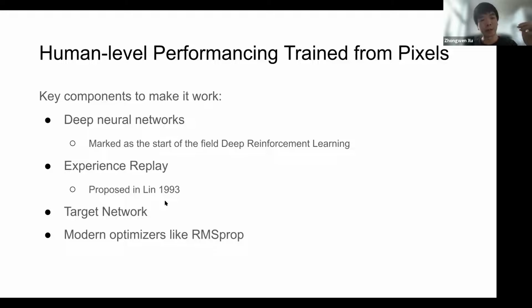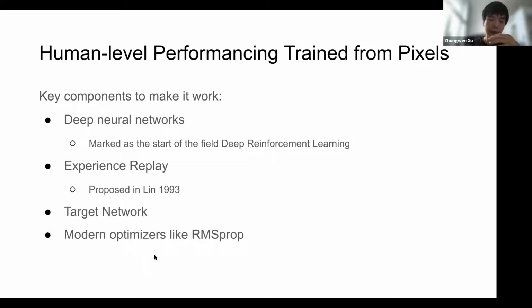It was proposed in 1993 but revived in this DQN paper to make the learning of Q-learning really stable. To stabilize Q-learning there is another technique called the target network, which we will talk about later. Similarly, its goal is to make Q-learning much more stable.